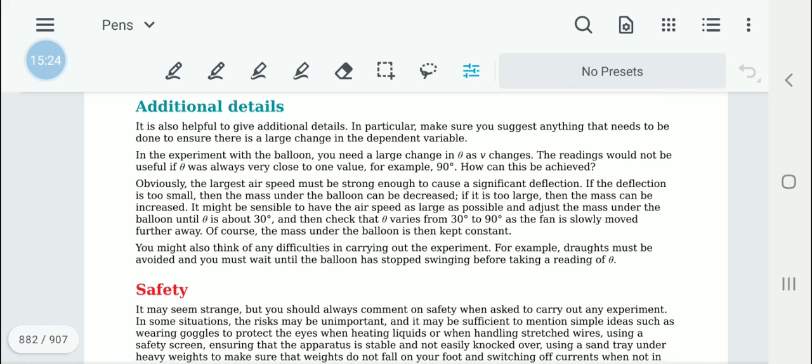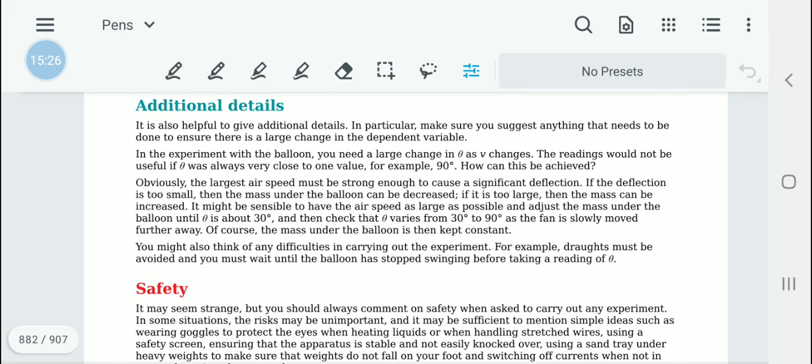Then, to get more points, you might have to give additional details, other than these things that we mentioned. Now, in relation to this particular activity, we have to use a significant change with the wind change.